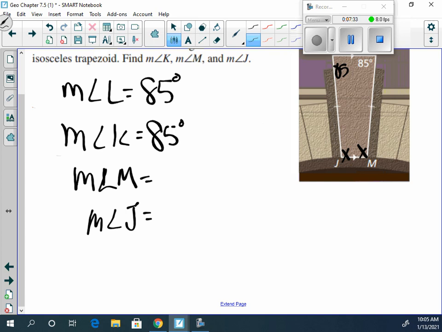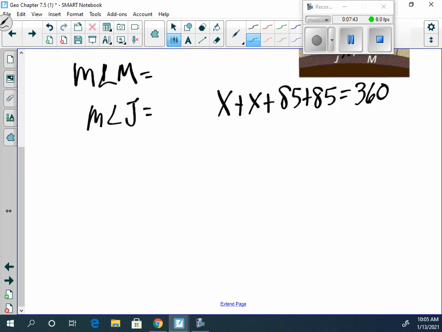This one is 85, and we can call these other two x and x. So x plus x plus 85 plus 85 equals 360. Well, x plus x is 2x, and 85 plus 85 is going to be 170.